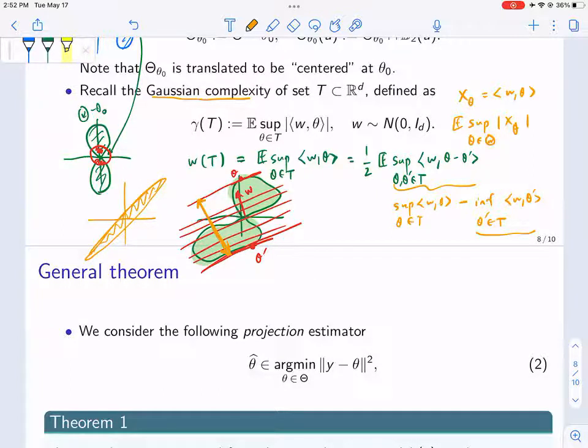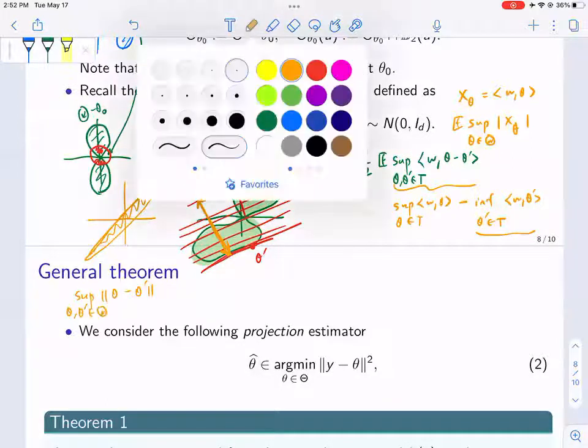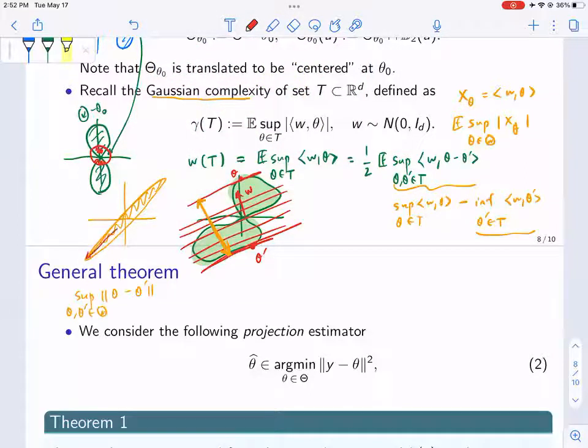The diameter is the worst case, the supremum of theta minus theta prime, where theta and theta prime are in the set. So the diameter is this big, but the Gaussian width would be very small.